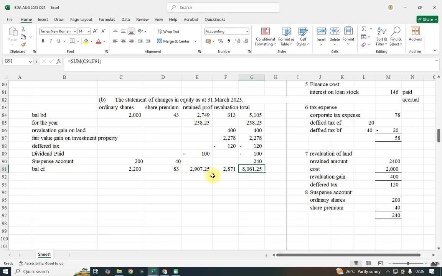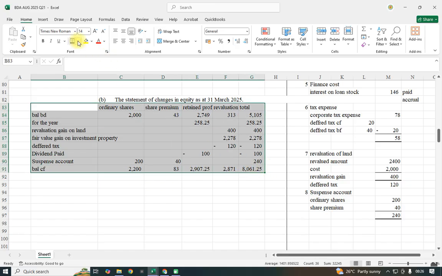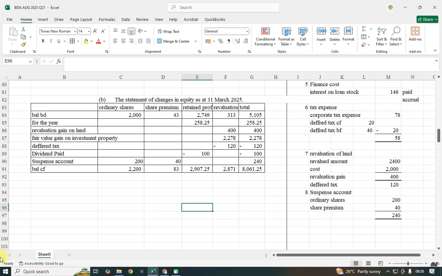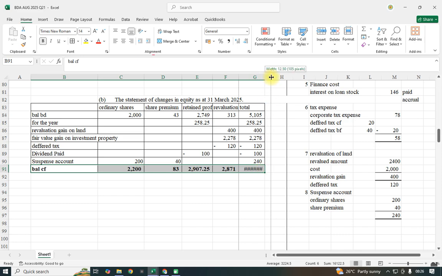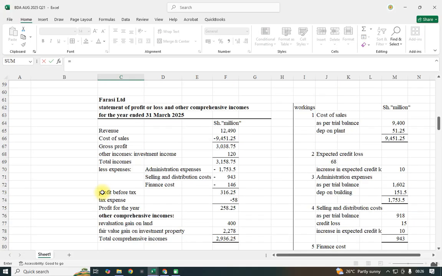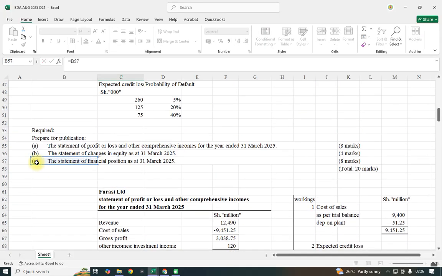Yes, that is our statement of changes in equity. These are the balances that we shall take to the statement of financial position, which we are preparing next.